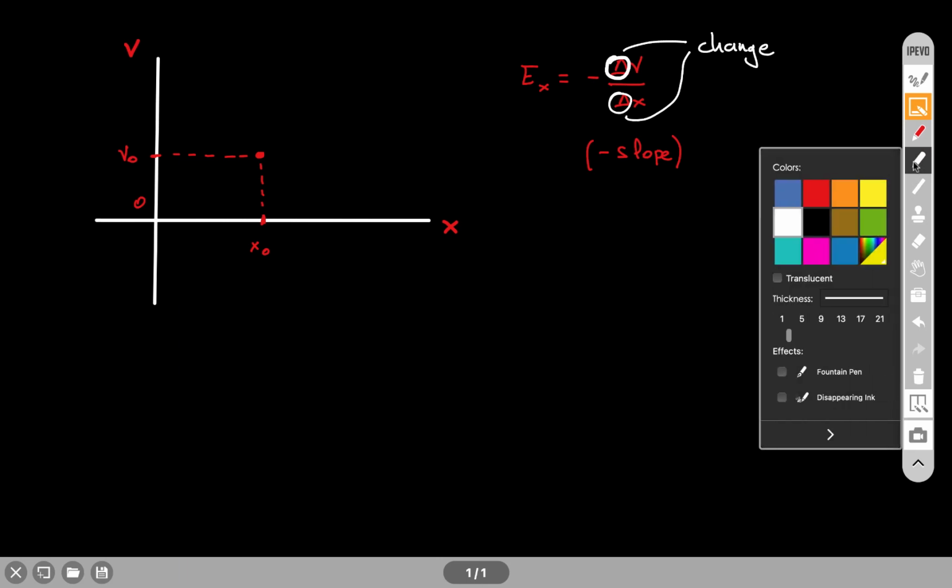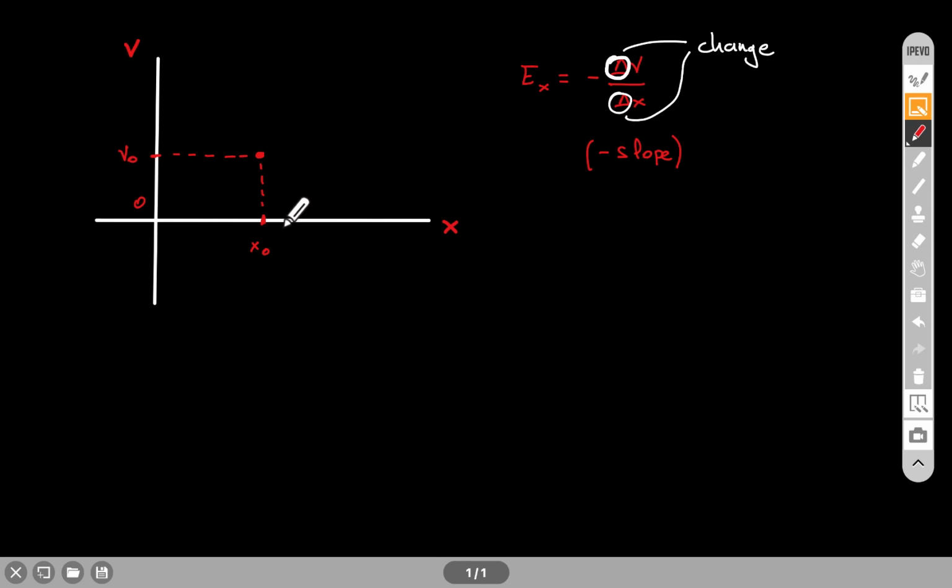That means that you do need to know what is the value of the potential somewhere around x naught, let's say x1. And let's make this to be V1. So this is the value of the potential V1 at x1 and V0 at x0.